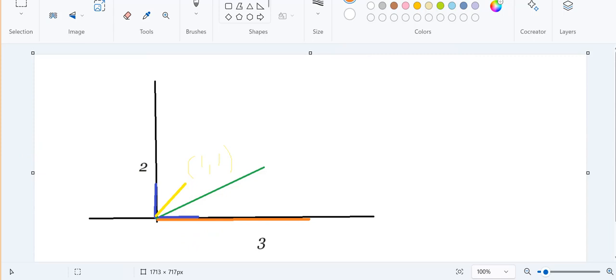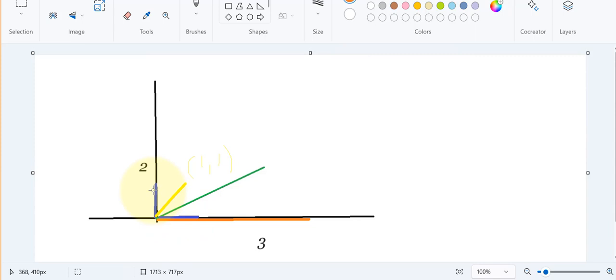Once you have a pair of basis vectors or a set of basis vectors, so if you have the two blue ones or if you have the yellow one and the blue one, then you can express the green one as a linear combination, and the scalars that we multiply the blue one times and the yellow one times to get the green one, those scalars are called the coordinates with respect to that particular set of basis vectors.